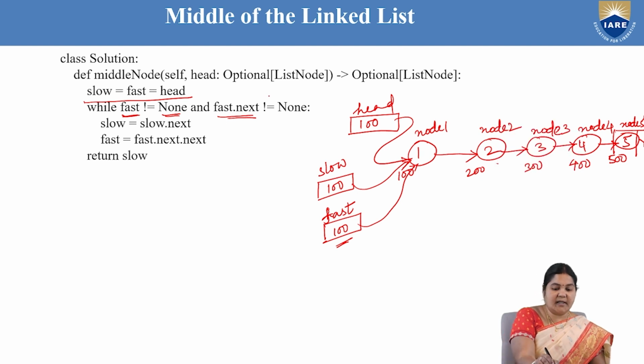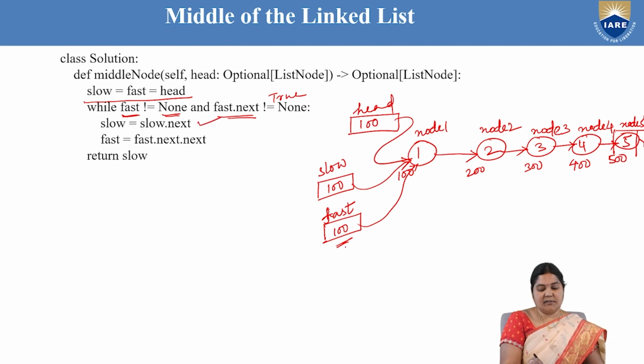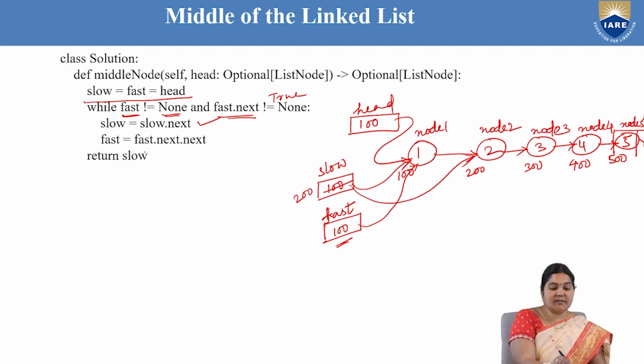So both the conditions are true. If this is true, then make slow equal to slow of next. Now slow will be changed to 200. That means now slow is pointing to the second node. And fast is equal to fast of next of next. So fast of next is 200, 200's next is 300. Now fast is pointing to the third node.